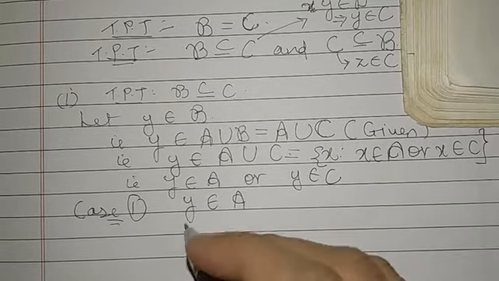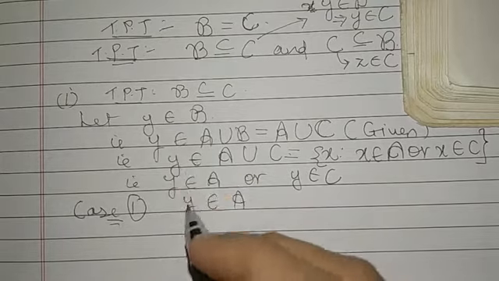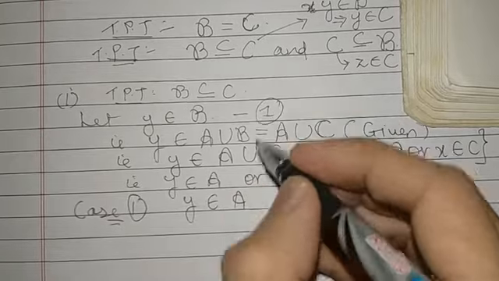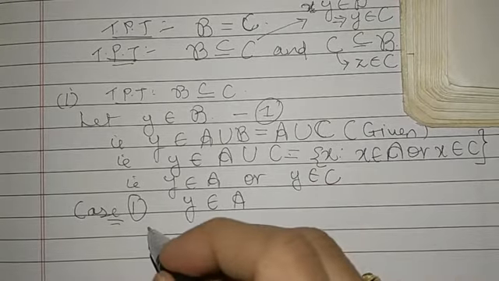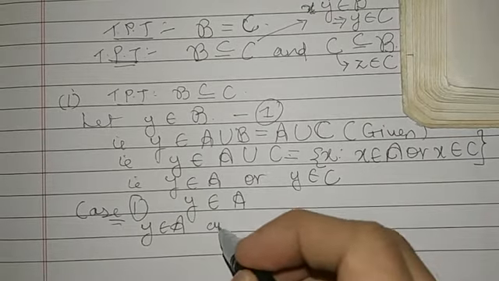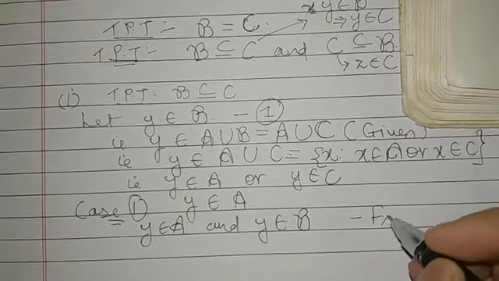Now Y belongs to A, and from here, if we call this 1, what do we have? We have Y belongs to A from here, and Y belongs to B, this is from 1.